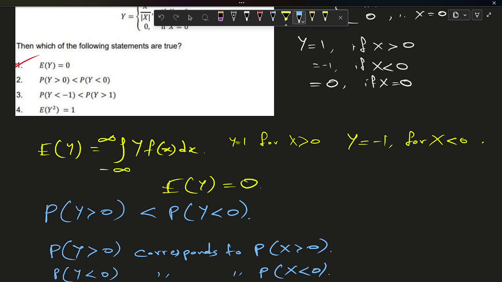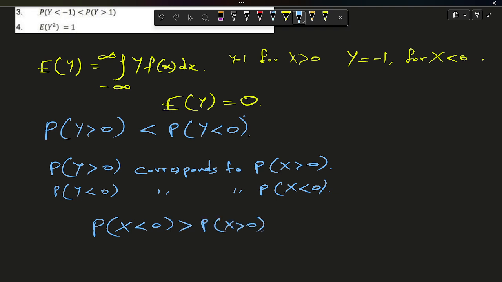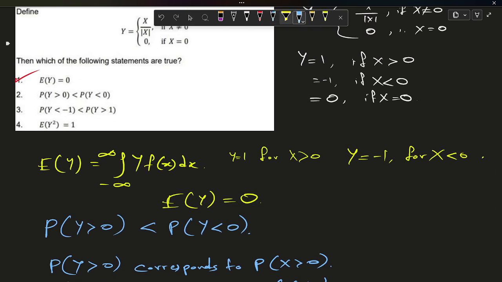From the PDF f(x), the center of symmetry is x equals minus 1. Therefore, more probability mass lies on the left of x equals 0, making probability of x less than 0 greater than probability of x greater than 0. So this statement is also true, and option B is also true.